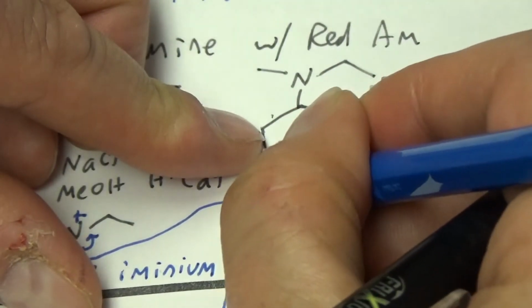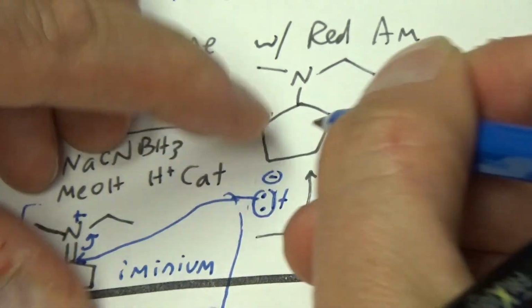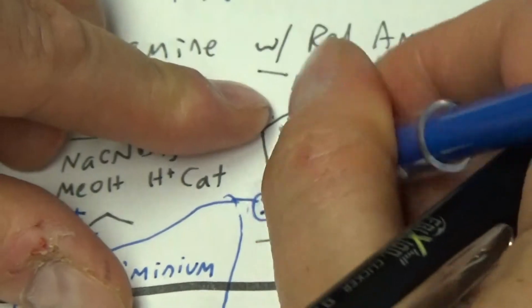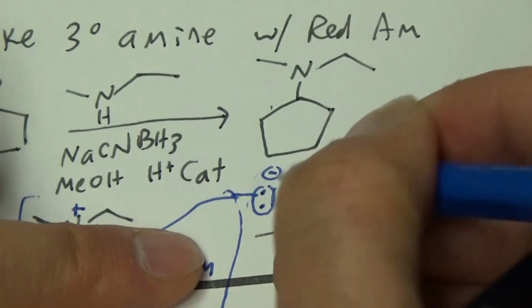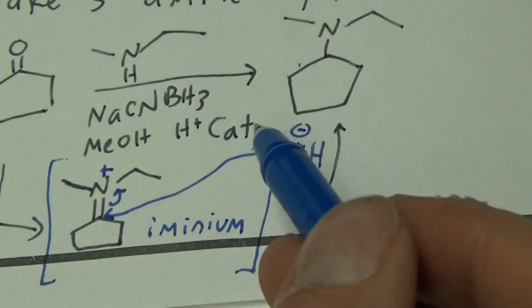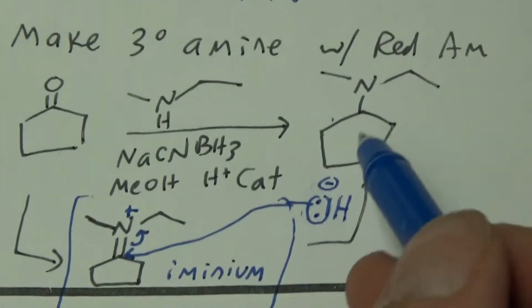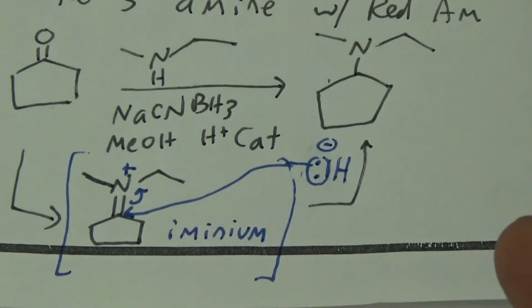H. Okay, let's make it a nice H. Okay, there we go. H minus attacks. But you don't actually have to protonate the nitrogen as a second step. All you do is the reduction. Okay.